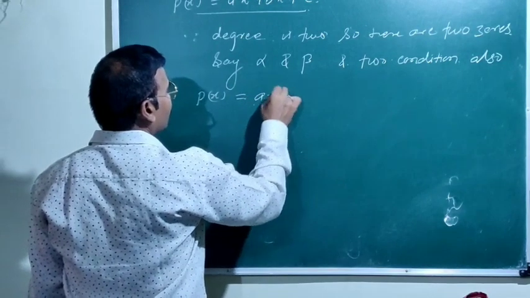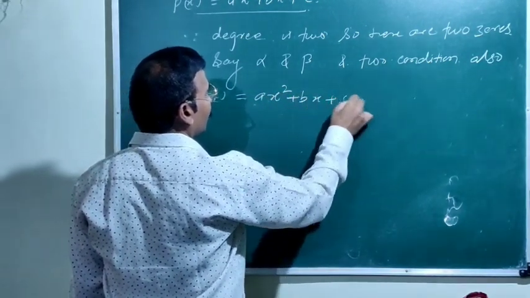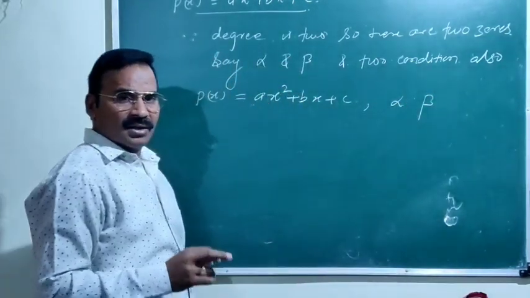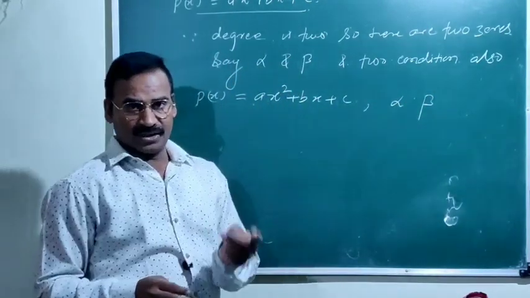Given polynomial is ax square plus bx plus c, and alpha, beta are the zeros.